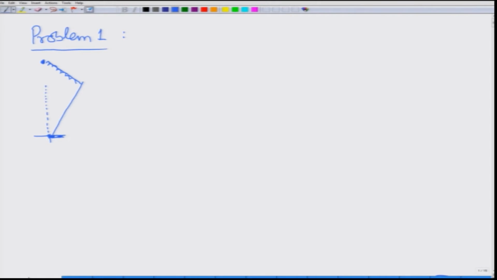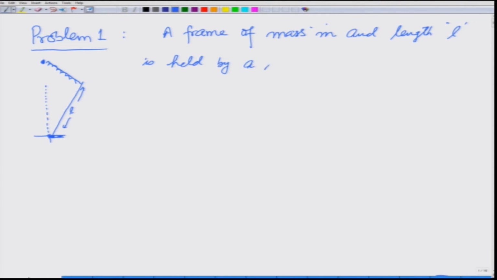So, the problem is: a frame of mass m and length L, this length is L, is held by a string of the same length.